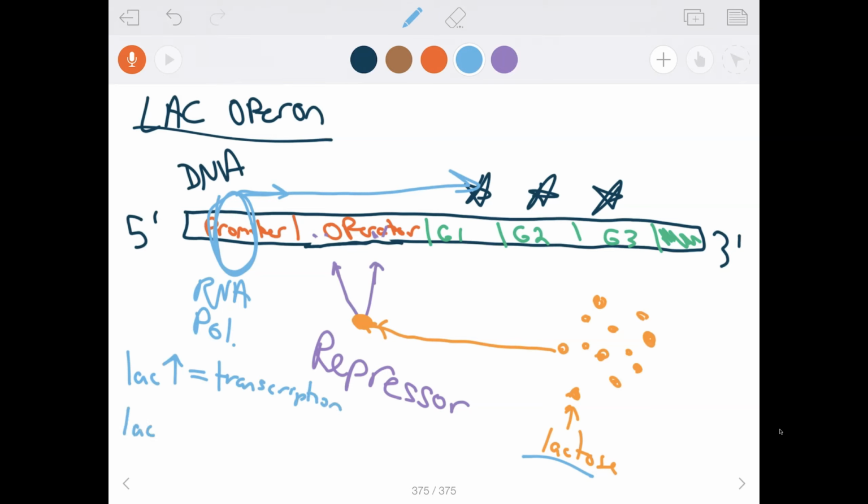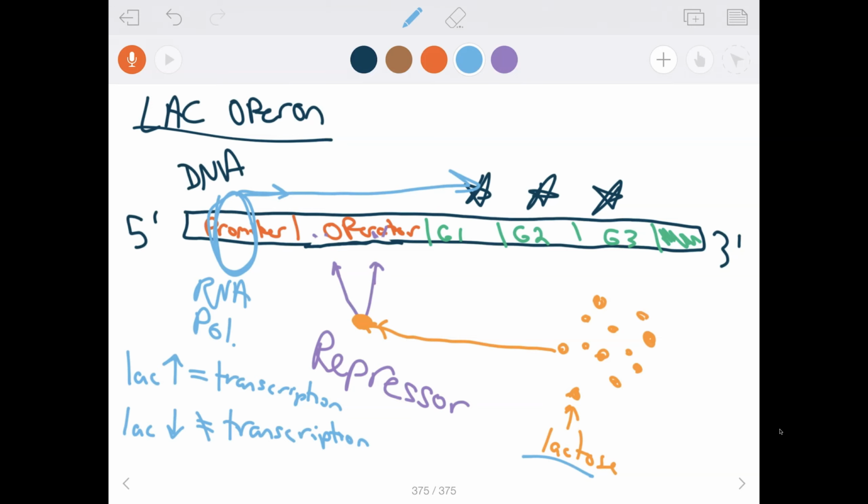If lactose is low, you do not get transcription. Depending upon the lactose concentration, will determine whether or not the repressor binds to the operator and whether or not transcription and then translation will occur. So it's all about lactose concentration.